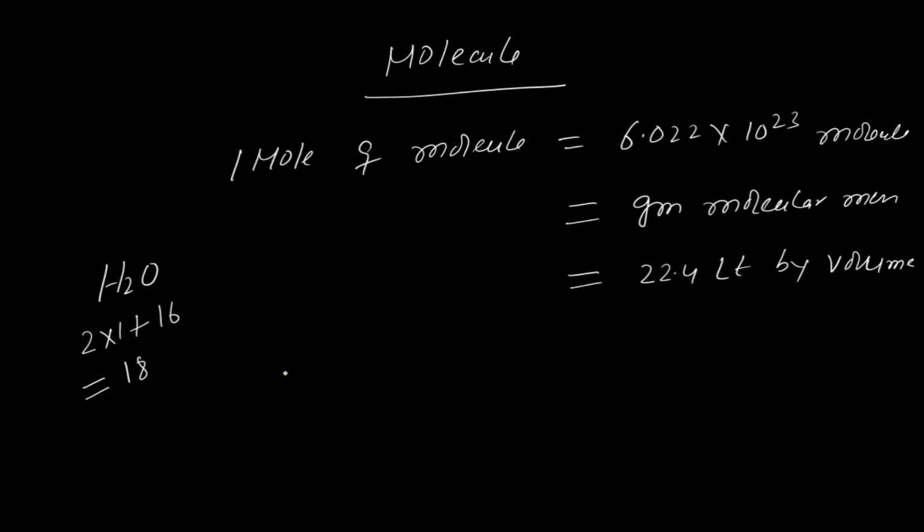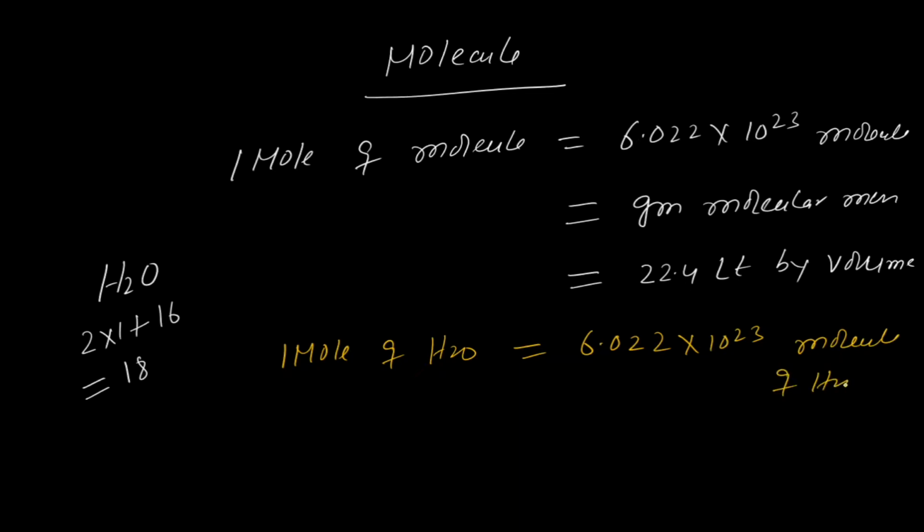So 1 mole of H2O is equal to 6.022 into 10 power 23 molecules of H2O, or it is also equal to 18 gram by molecular mass, or it is also equal to 22.4 liter by volume.